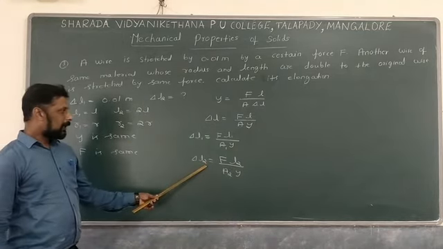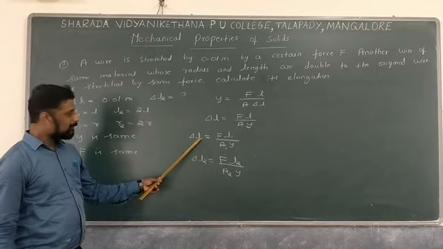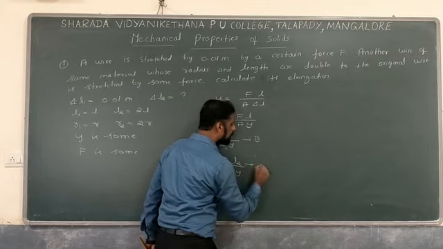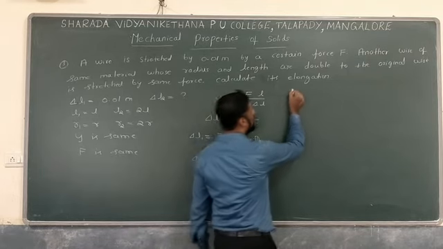You are asked to calculate the value of delta L2. The delta L1 value is given. So divide equation 1 by 2.